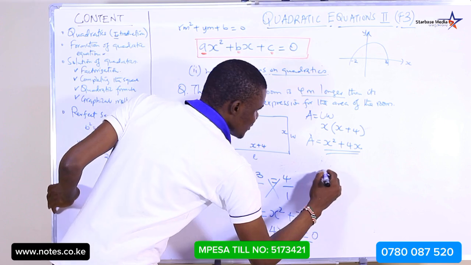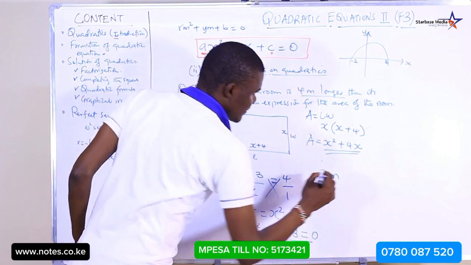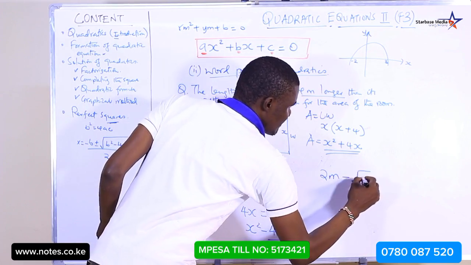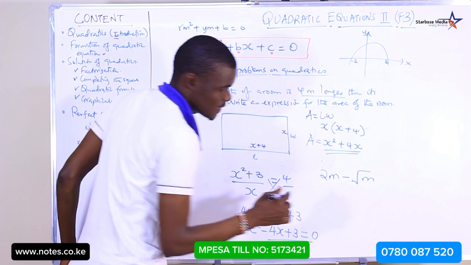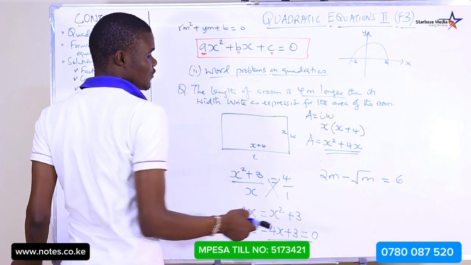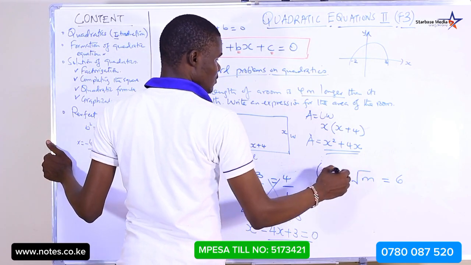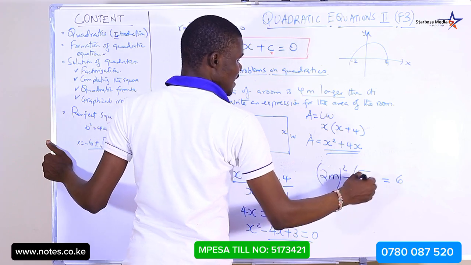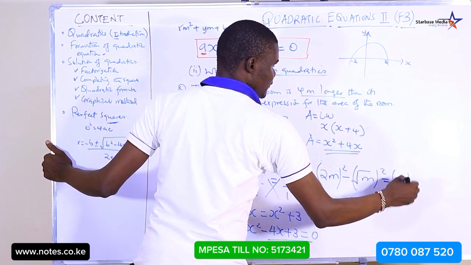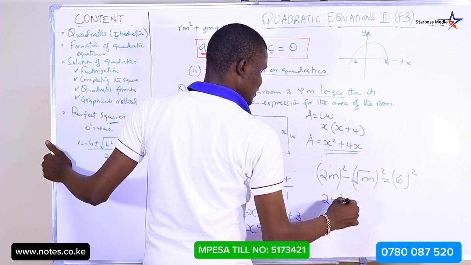Even from this, 2m minus the square root of m is equals to 6. This can also form a quadratic equation because for you to remove this square root sign, you're going to square each side. And then you will realize you're going to end up with a quadratic equation.